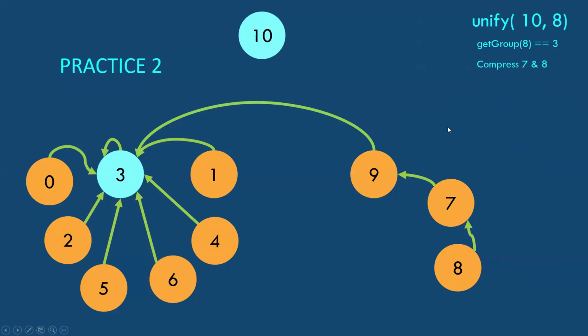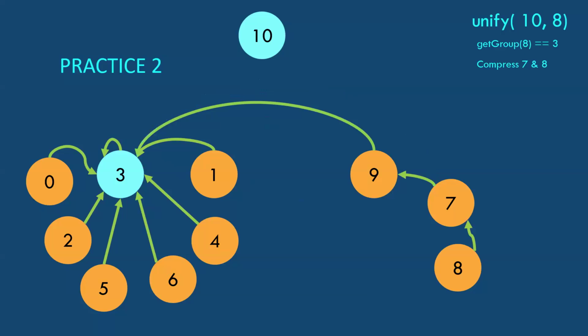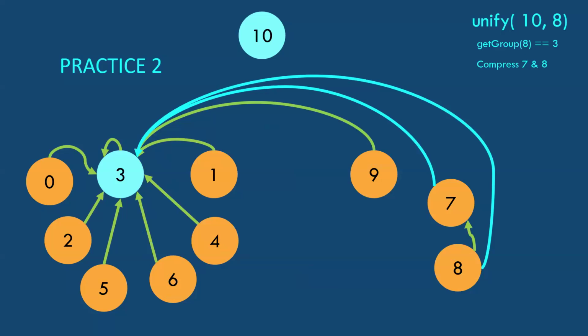So we get the group of 8, compress 7 on the way up, right? Because we notice that, to find the root of 8, there's some work to do there, right? And now we can point the 10. And notice, by the way, this is a good slide here. Both the 7 and the 8 are getting compressed on our way to find the parent of 8, okay? And now we can point the 10 at that.